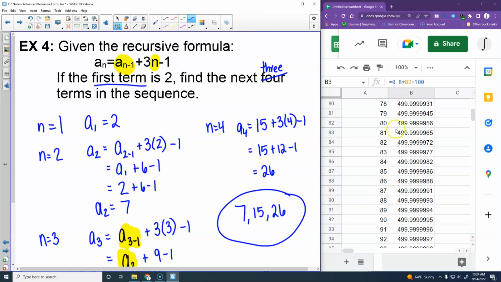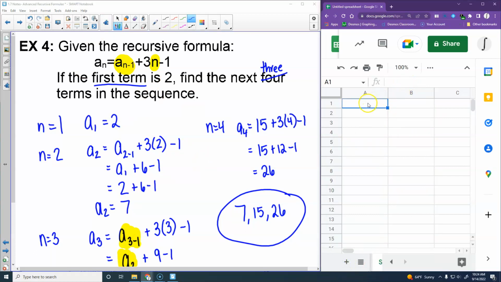It's similar. Now you'll have to do some of these by hand because I want you to be able to do them both ways. I guess I could show you this right here. We could do n and a sub n. I'm going to put 1 here is 2. Like here, 2, 3. You could use a spreadsheet if it was allowed. It's not going to be, but just to show you it would make life easier.